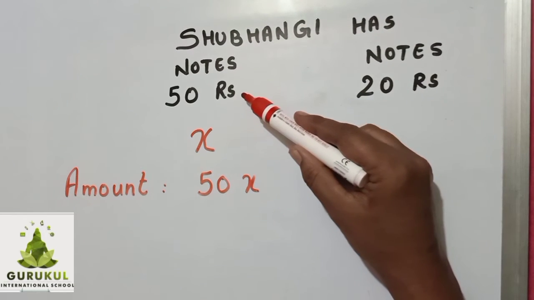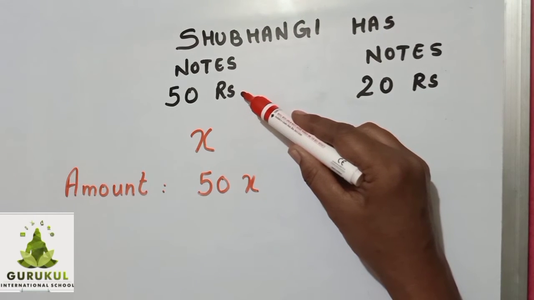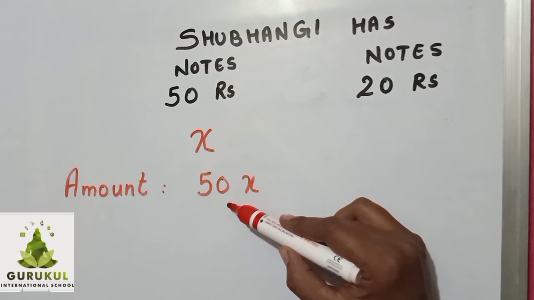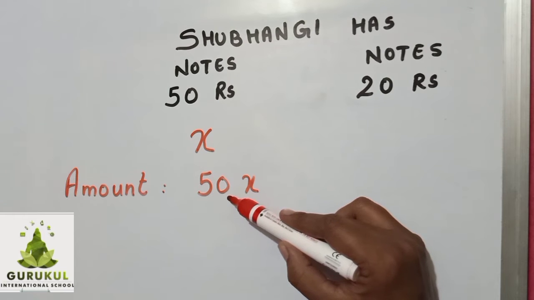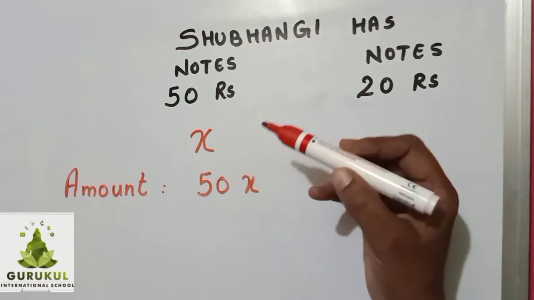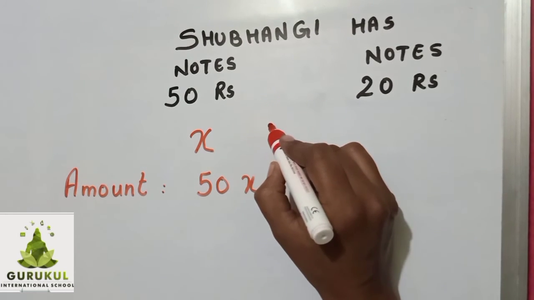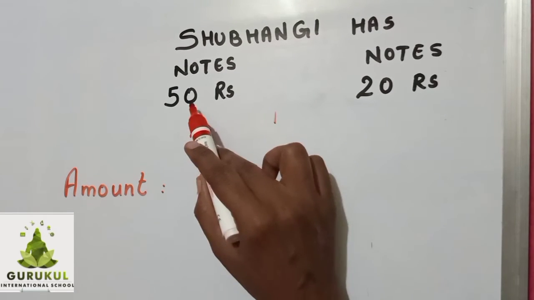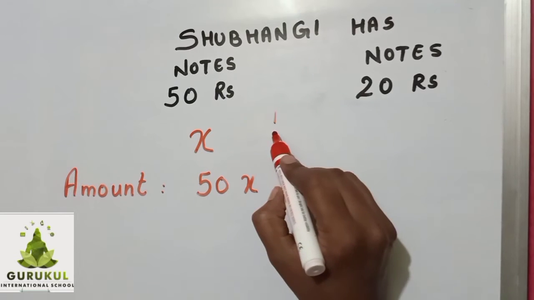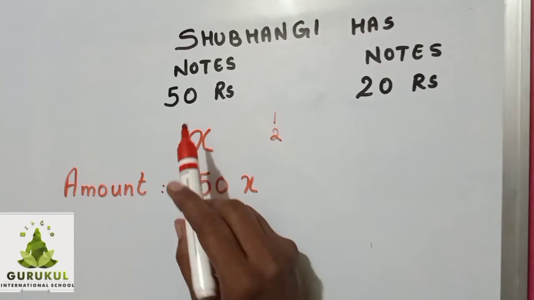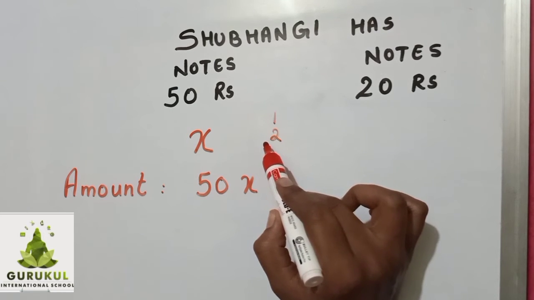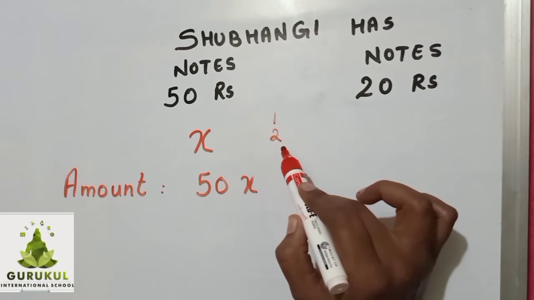For example, suppose one note of 50 rupees, what is the amount she is having? 50 into 1. If she is having two notes of 50 rupees, how much will be the amount? 50 into 2, that is 50 plus 50, that is 100 rupees.